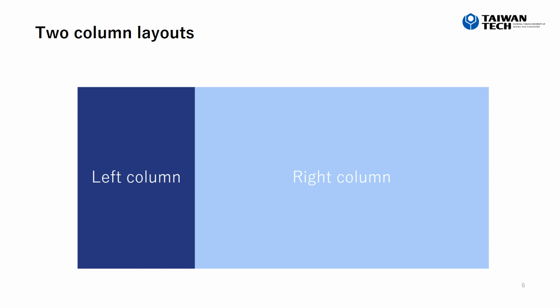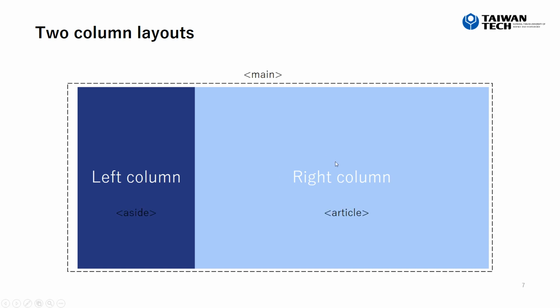So if today we want to create a two-column layout, we can see there is a left column and here is a right column, and how do we place them? Okay, I think here we need to create a container for them. They are just like two brothers, and they have a main.